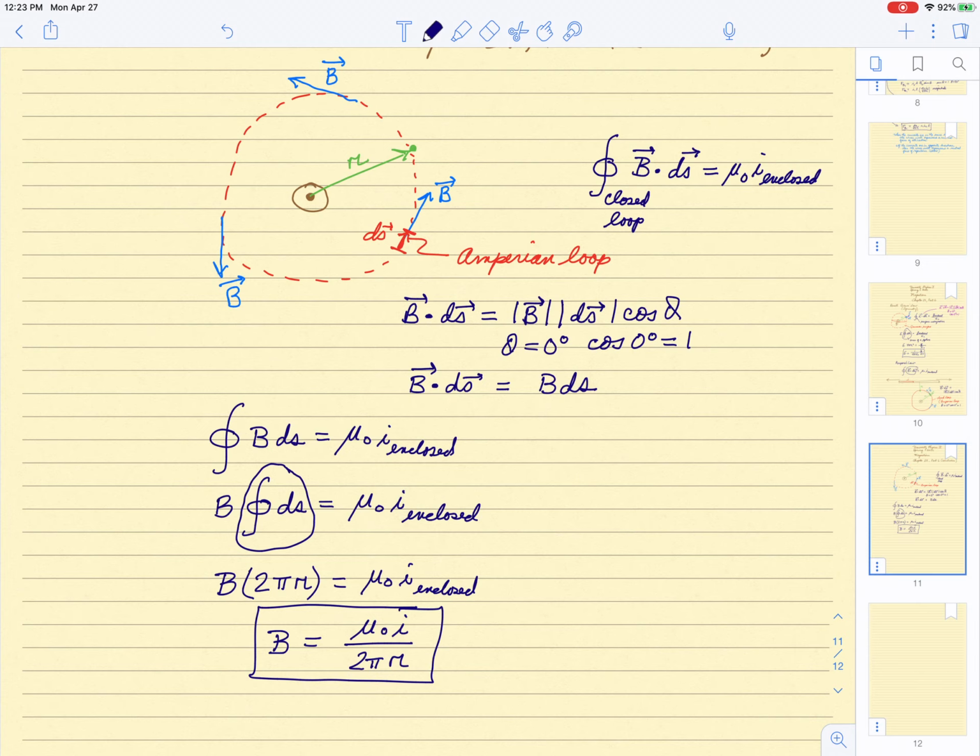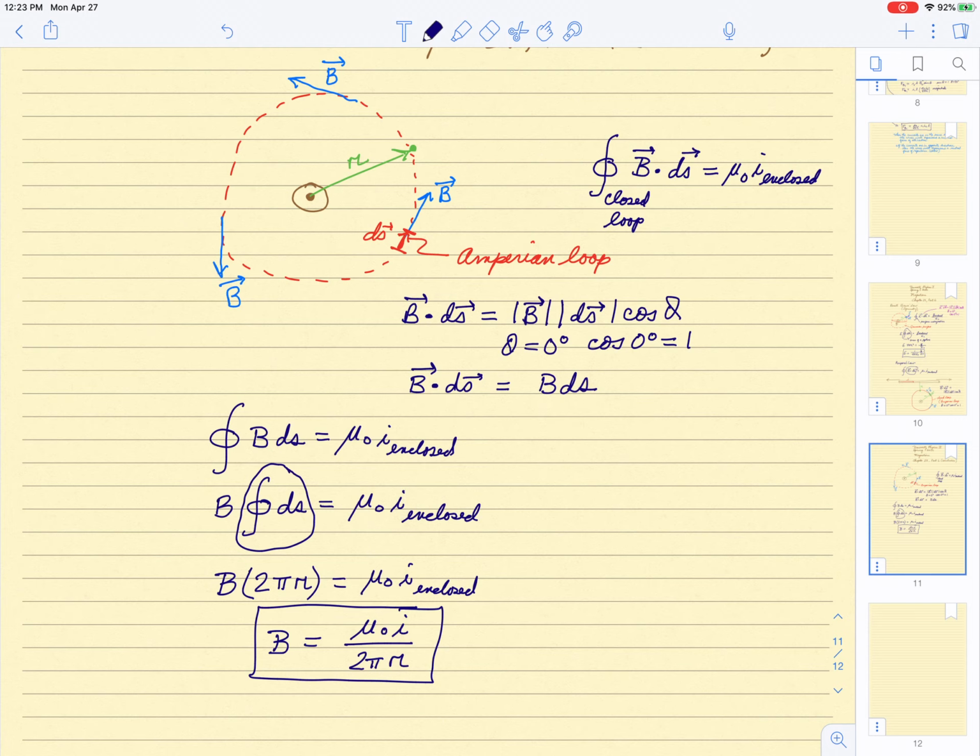So you can tell, no serious integration here. We didn't have multiple lines of algebra, and with the symmetry of a straight line current carrying wire, a circular Amperian loop around that wire enclosing that current, we can employ Ampere's law. Ampere's law can be used in many cases where there is some symmetry.